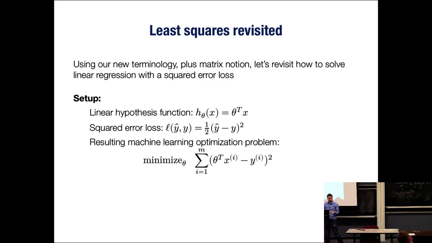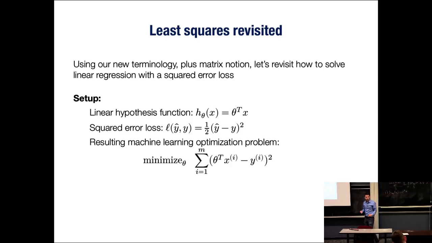We take the inner product of the input features and the parameters and predict that. Ingredient 2, the loss function, the squared error. In fact, I'll even add a 1/2 here to get rid of that annoying 2 that showed up everywhere. It doesn't matter, it just scales it, right?